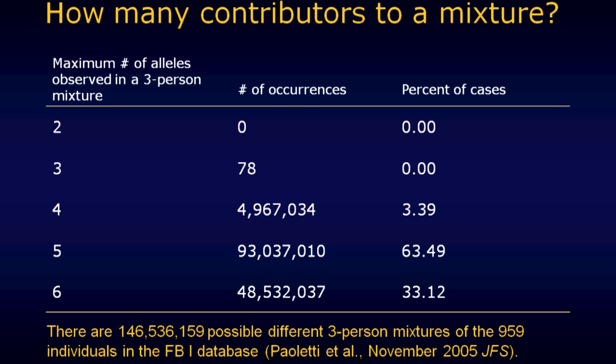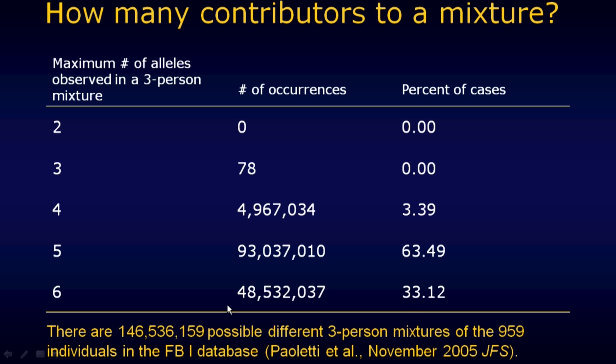And if we have 3 people, each of them contributing 2 alleles, I don't think anybody should be too surprised that we might find some three-person mixtures where we found at least one locus with 6 different alleles detected. That happened in 1/3 of these mixtures that we created.